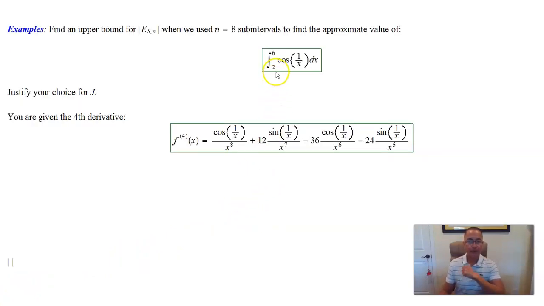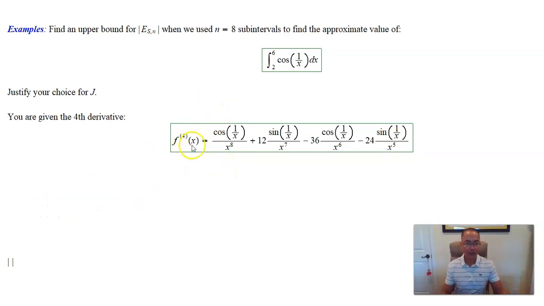All right, so for Simpson's, we went through the same definite integral, same number of subintervals, 8, and now we want to control the error. This is the fourth derivative of cosine of 1 over x. All right, so again, to save time, we have the second derivative, take the derivative 2 more times.